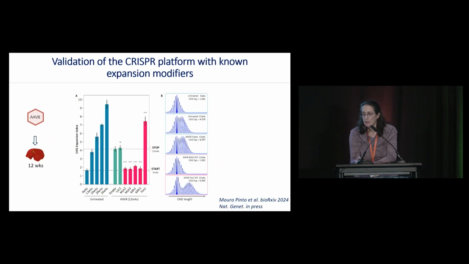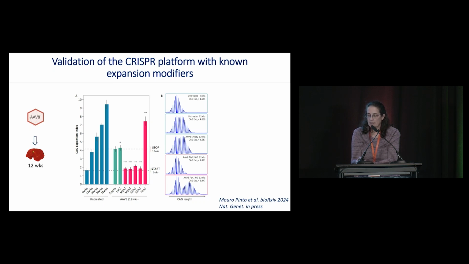So we first tested this with known modifiers. We knew that all of these modifiers, we'd done these experiments in constitutional knockout mice, that knocking them out stopped expansion. And so we validated this. So you can see we're injecting mice at 6 weeks of age, and then aging mice to 12 weeks of age.